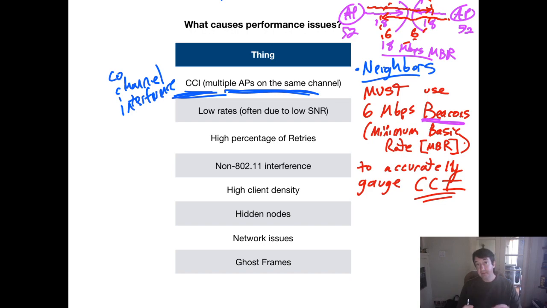But then we would change the minimum basic rate to 6 megabits per second, and all of a sudden we'd see 27 access points all hitting one area.